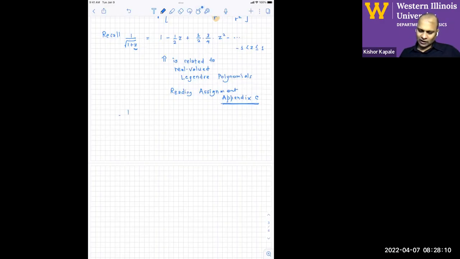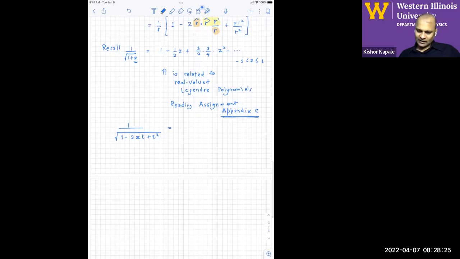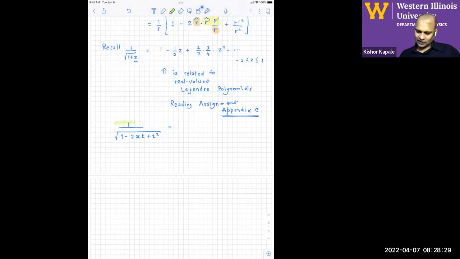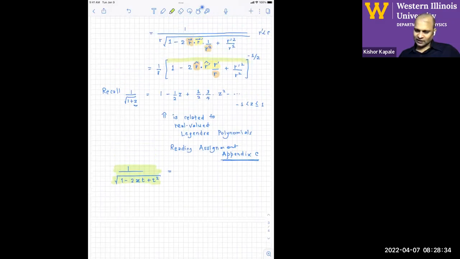So what we are going to do now is, instead of using this binomial expansion in that form, we're going to use it as 1 minus 2xt plus t squared. You can see that this form that we have here, I'm going to use a slightly different highlighter, is essentially this stuff here.